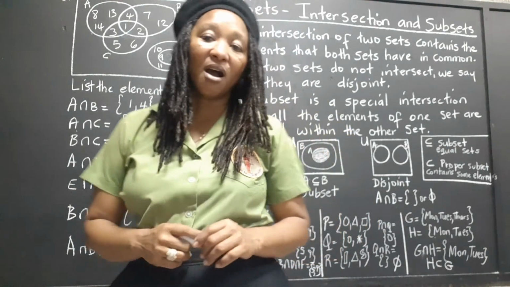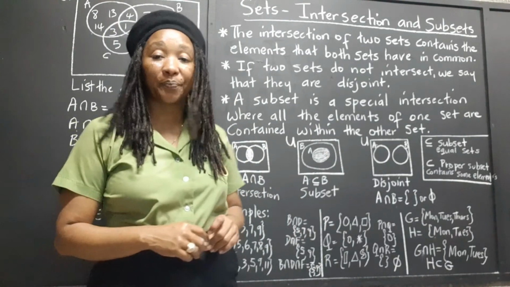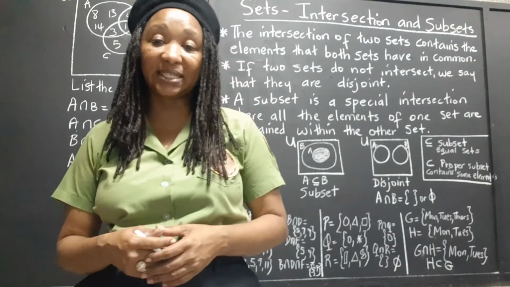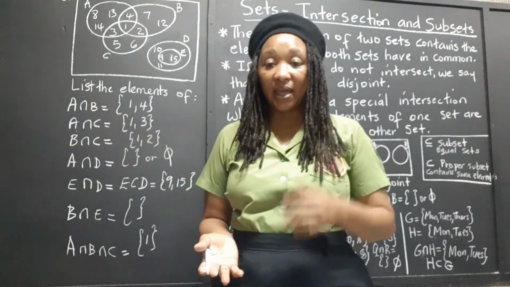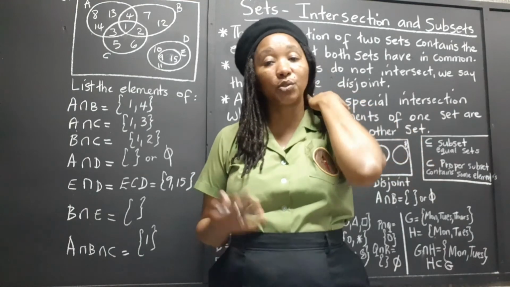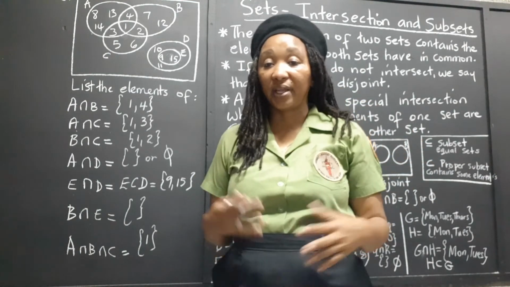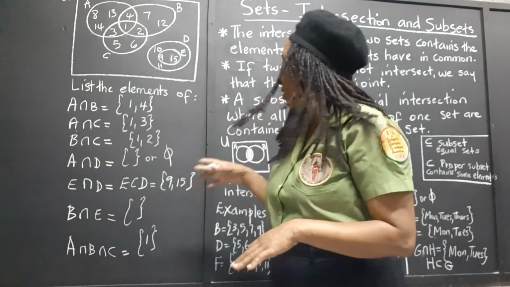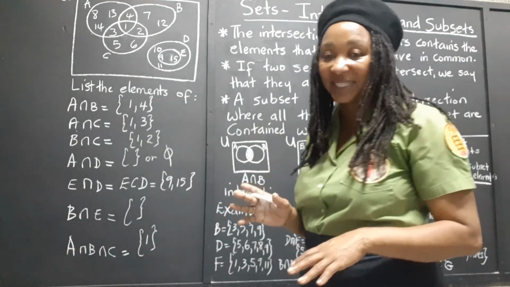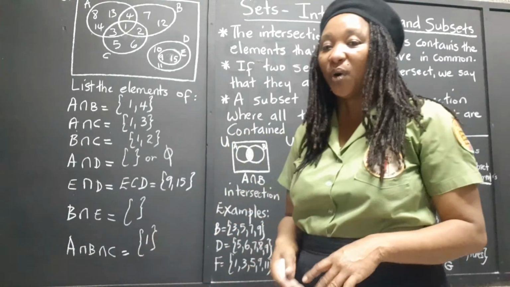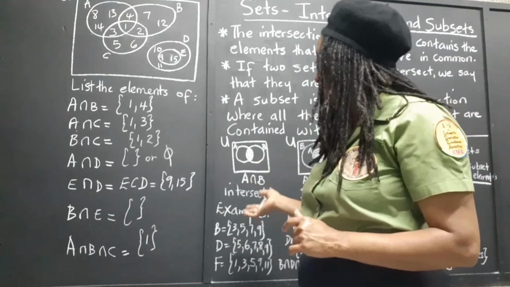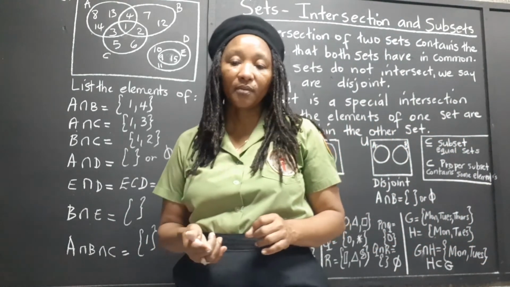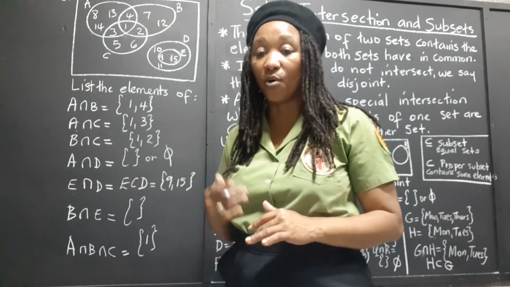All right, so that's it for intersection. Remember, an intersection of sets are the elements that are common to the sets being considered, whether it's two sets, three sets, four sets, no matter how many sets crossing each other, the intersection is the overlap.